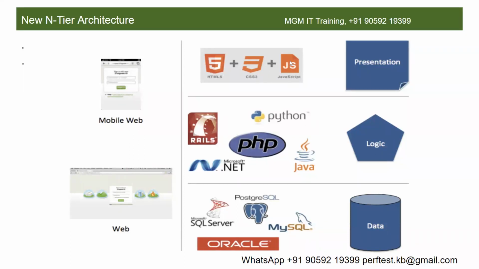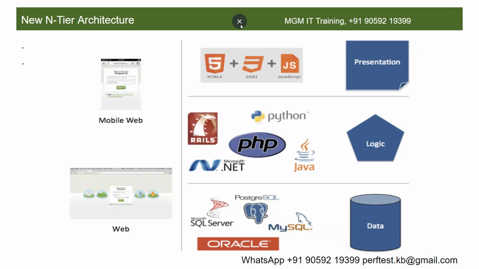Of course, we have the latest technologies now like Node.js, and there are a lot of UI technologies now. But I'm explaining the commonly used development of this presentation layer. So any presentation layer will generally be made up of HTML, CSS, and JavaScript.